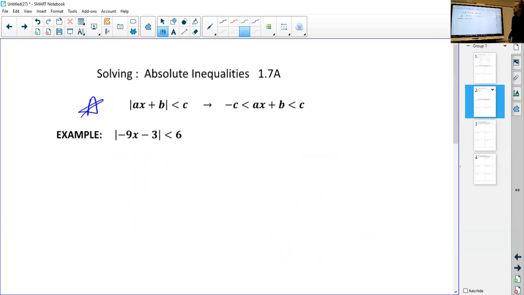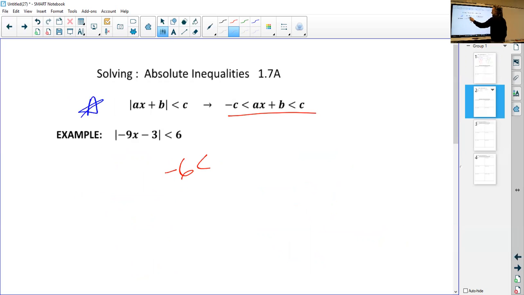Okay, so the other side is if we have a less than symbol to start with. If that's the case, we're going to rewrite it like we were doing with and statements last week. So we're going to say negative c, so in this case, 6 will be negative 6.